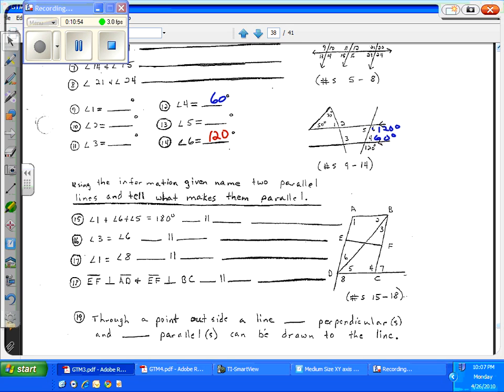We know that angle 4 and angle 5 make a Z, which are alternate interior, and they are equal if the lines are parallel. So angle 5 is 60 degrees, same as angle 4.